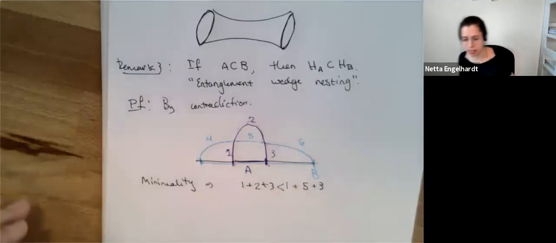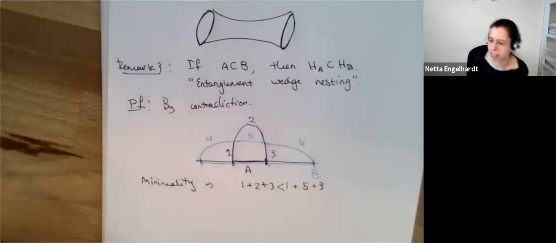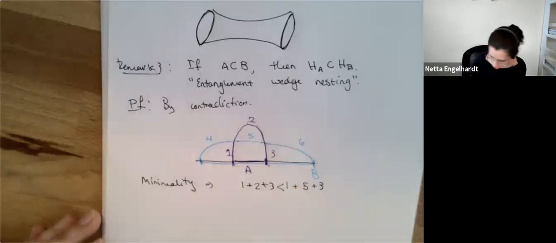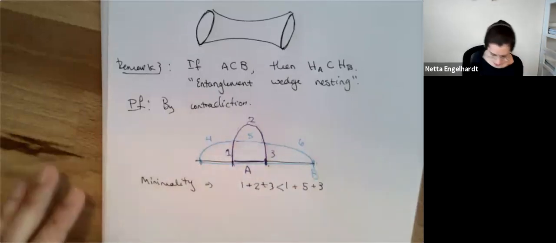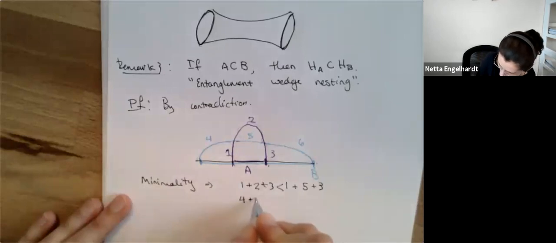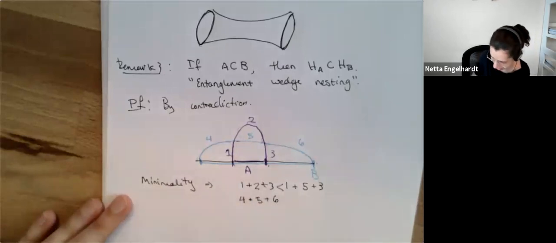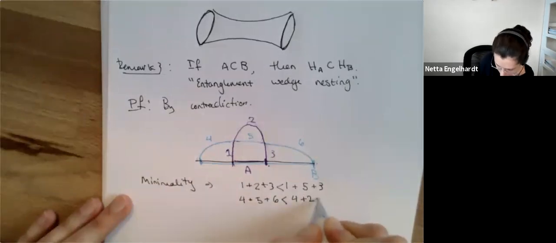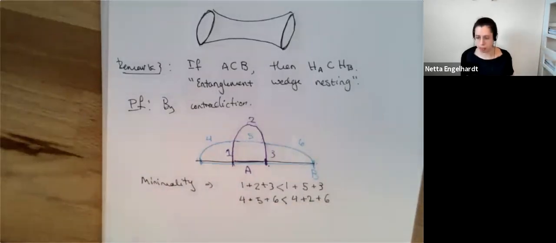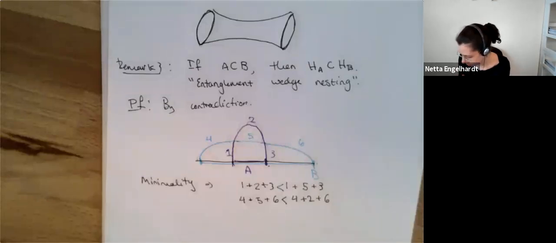And you really had to go to school to learn this particular bit of arithmetic. Now, we also have minimality for the B region. So we know that 4 plus 5 plus 6 is going to be less than 4 plus 2 plus 6. And here we appear to have regressed a little bit as far as our arithmetic goes, but you know, we're physicists, so math is not necessarily always our forte.